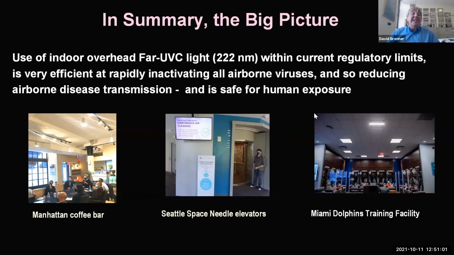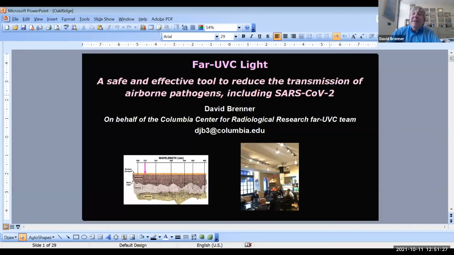If you go to the Space Needle in Seattle, that very tall, thin building, the elevators have Far-UVC installed in them. Elevators are a really nice application because there aren't many alternatives in an elevator. The Miami Dolphins, an American football team, so I'm told, have their training facility with Far-UVC light installed in it. So I'll stop there, and I'm very happy to answer any questions from folks in the audience.